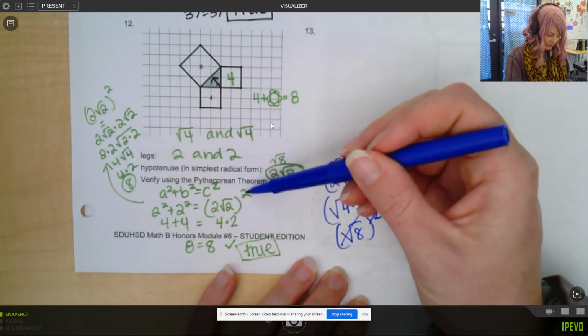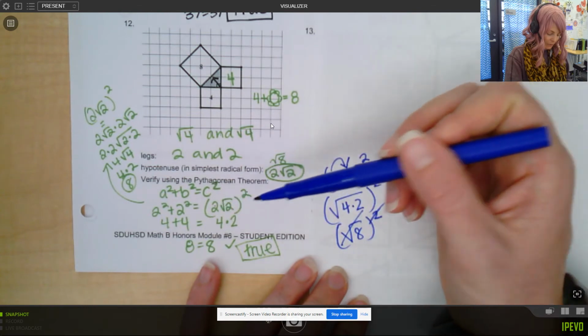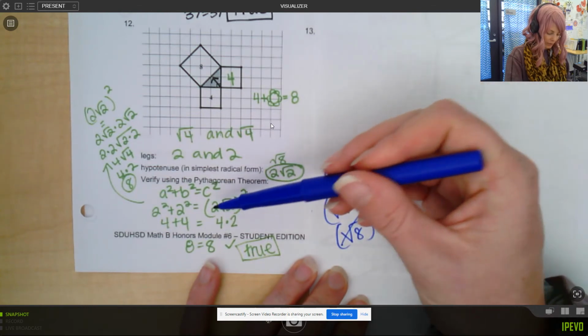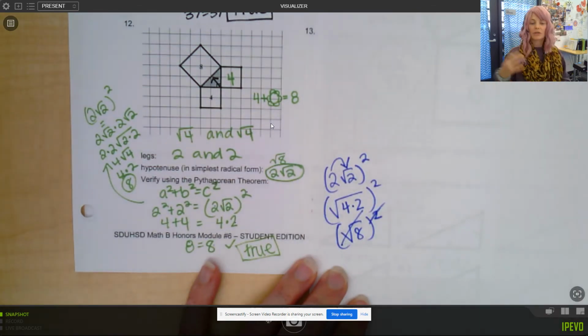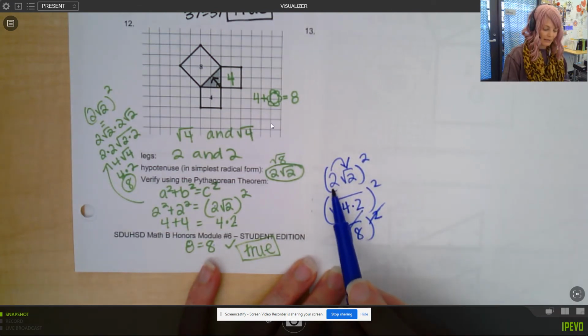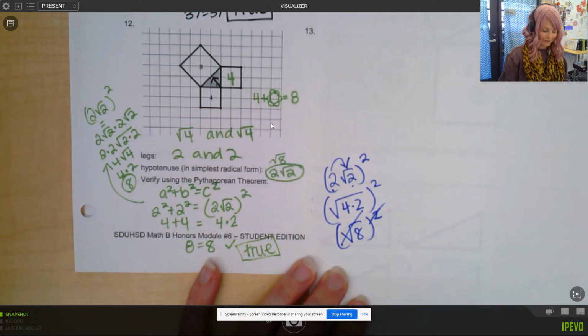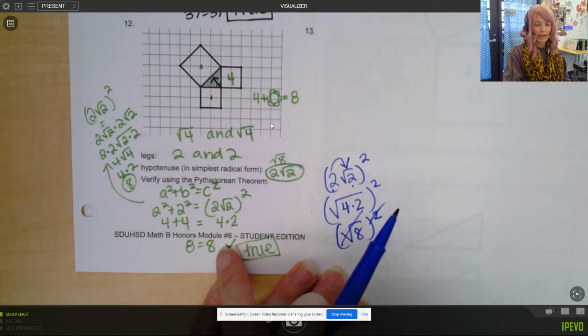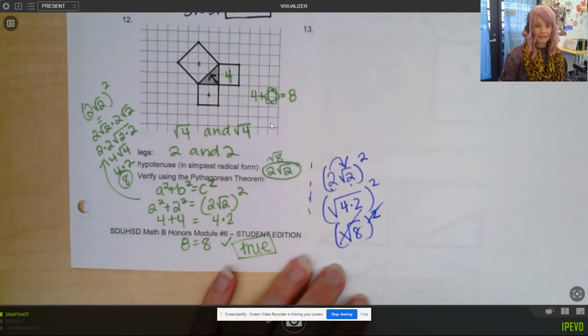You can also think about squaring this 2 to get 4, the square root of 2 to get 2, and 4 times 2 gets you 8. So a couple ways you can think about squaring square roots when you have a number on the outside and a number on the inside. Nice. Okay, and make sure you are working all the way to show a number equaling the same number.